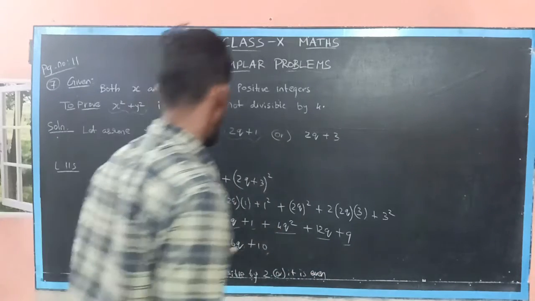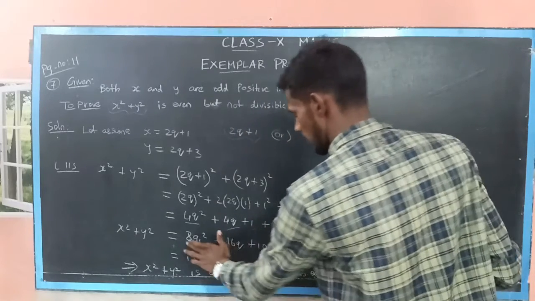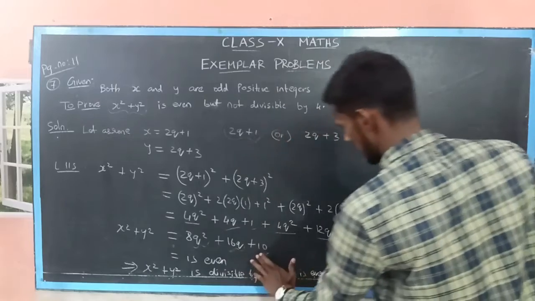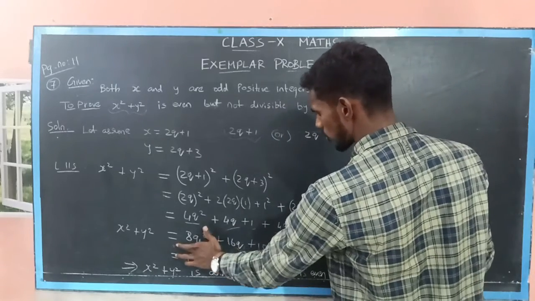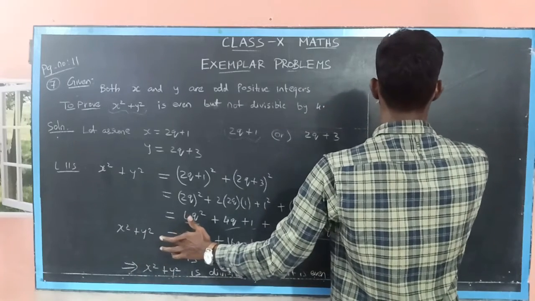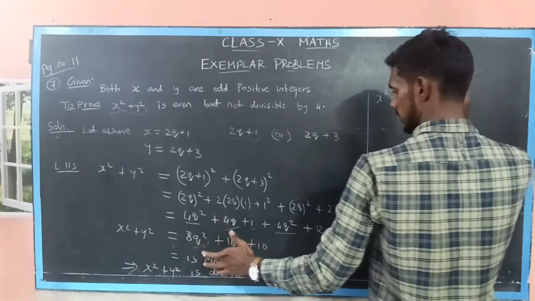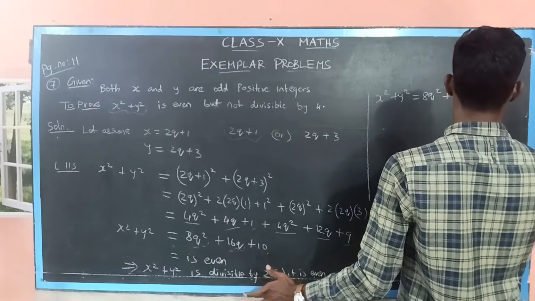Okay. Then I have to prove it is not divisible by 4. For that sake I am taking 4 as common from this number. Before taking the 4, I have to slightly modify this term. I am rewriting this, x square plus y square is equal to 8q square plus 16q plus 10.